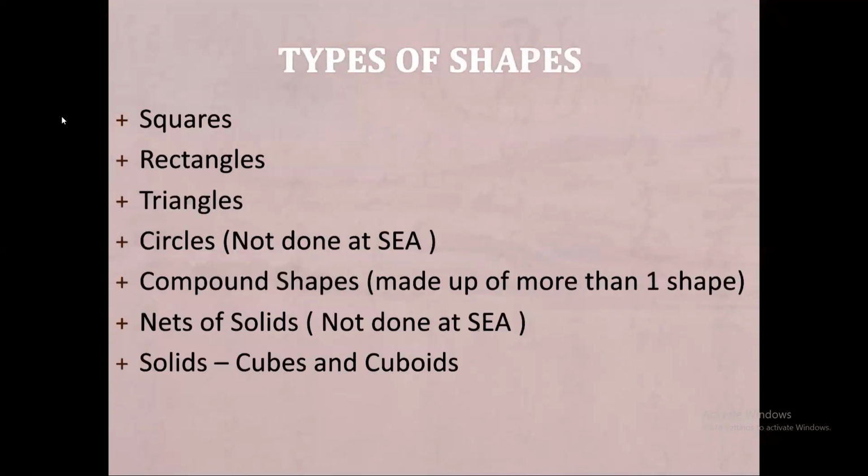Second concept, you usually learn about squares, rectangles, triangles. You will also see compound shapes, you will also see solids. But you don't really see circles and you don't really see nets, etc. Understanding that compound means more than one of the shape.